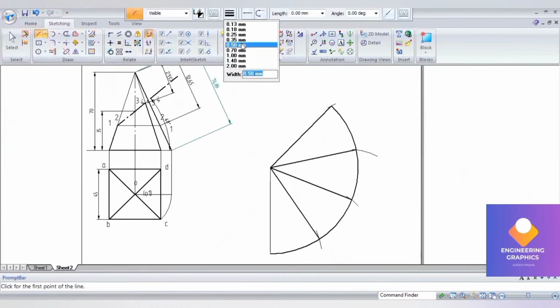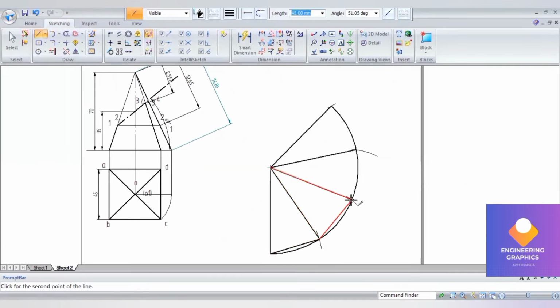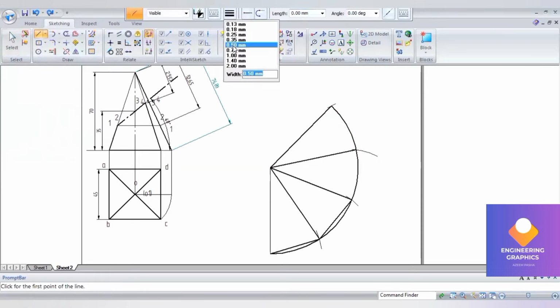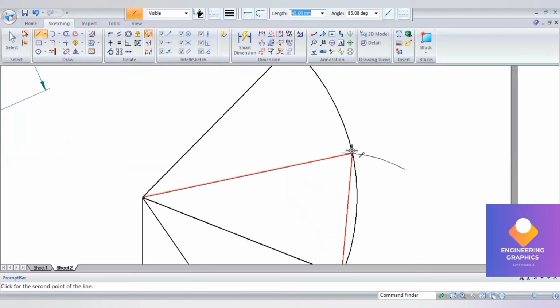Now we have to draw the base edge length here. You can see that because this is a pyramid, we have to join it like this only. Okay, now I am going to connect it to the exact point.